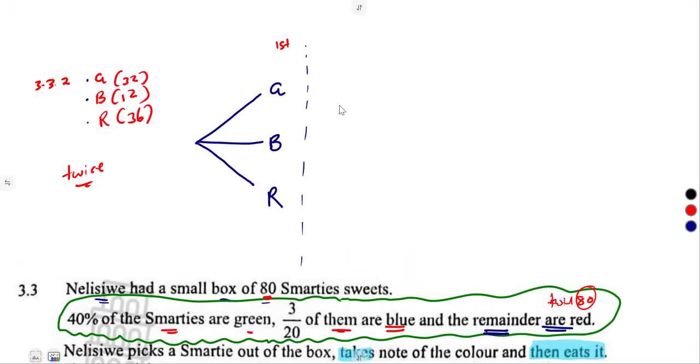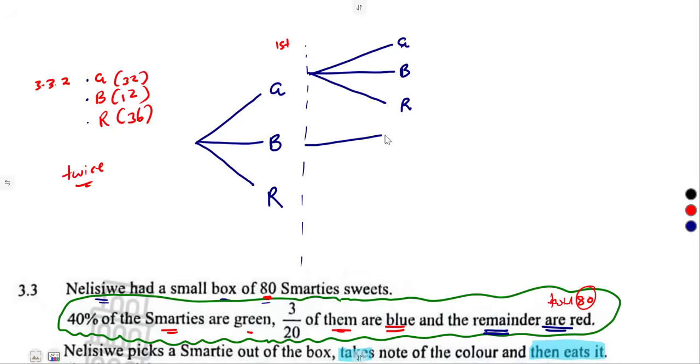The second pick, because remember, she ate the sweet now, she has to pick again from the same three. So it was going to branch again. This is our second pick. Same condition: green, blue, red.